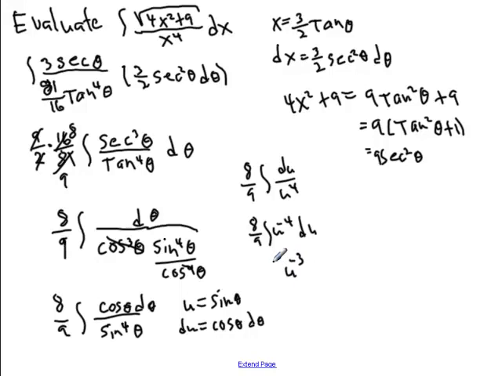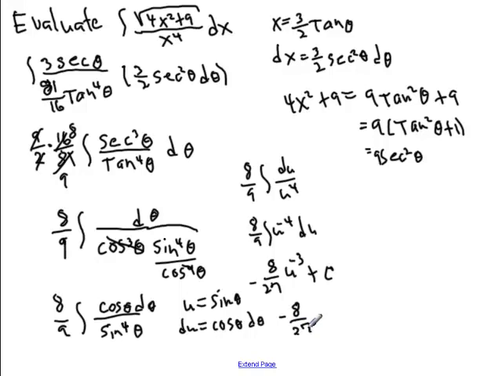And then we have our 8 over 9, but we're going to have to divide by that minus 3. So 9 times minus 3 is minus 27, plus c. And our substitution for u was sine theta, so we're going to have minus 8 over 27.